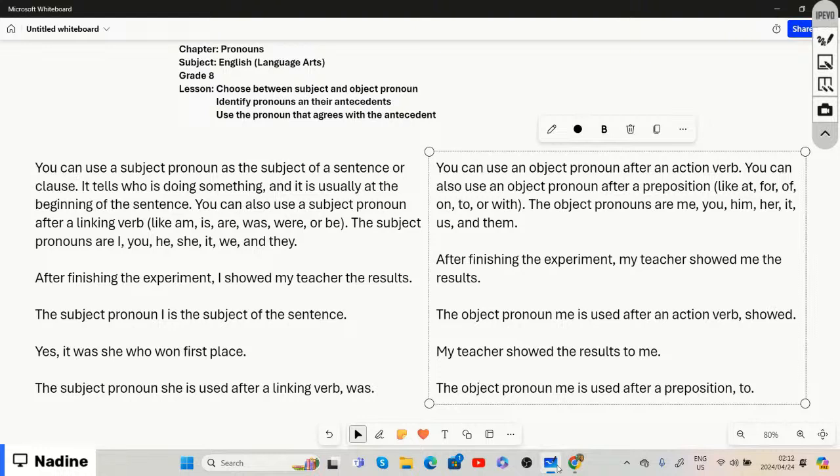And now we have object pronouns. You use an object pronoun after an action verb, and you can also use an object pronoun after a preposition.